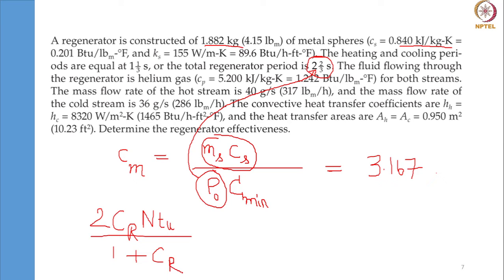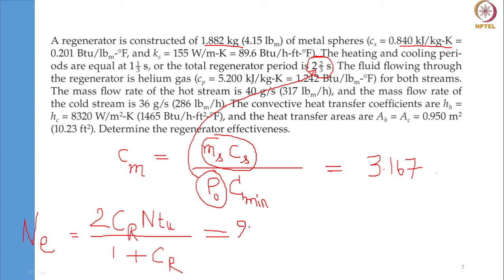This is the definition of effective NTU, which I denote as NE. Can you evaluate this one? NTU was 21.1, CR is 0.9. It is coming at 19.98. Good. It is 20, we can take that as almost 20.